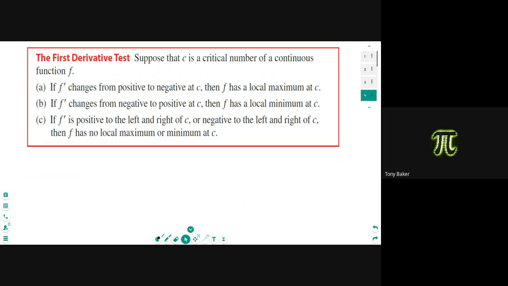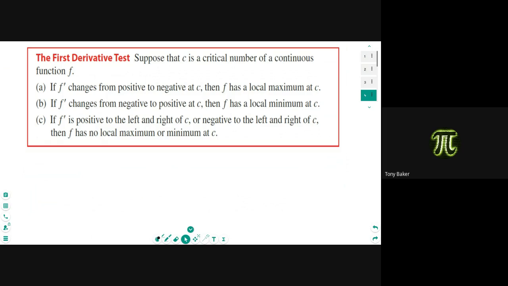If the derivative changes from positive to negative, then that means it's a local maximum, because it's increasing into it and decreasing out of it. That means it's a maximum. If it's changing from negative to positive, that would be a minimum. It's decreasing in, increasing out. That's going to be a minimum.